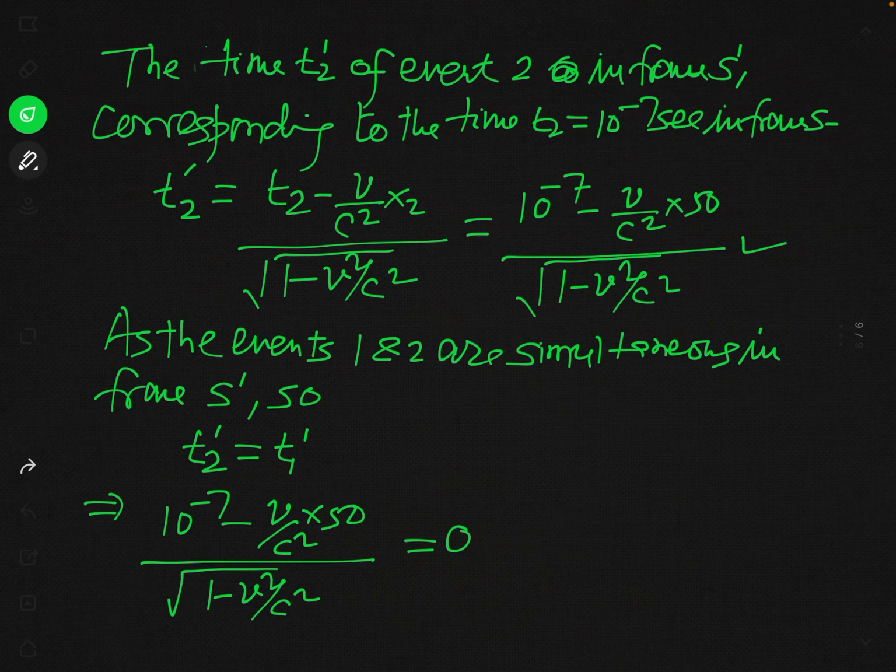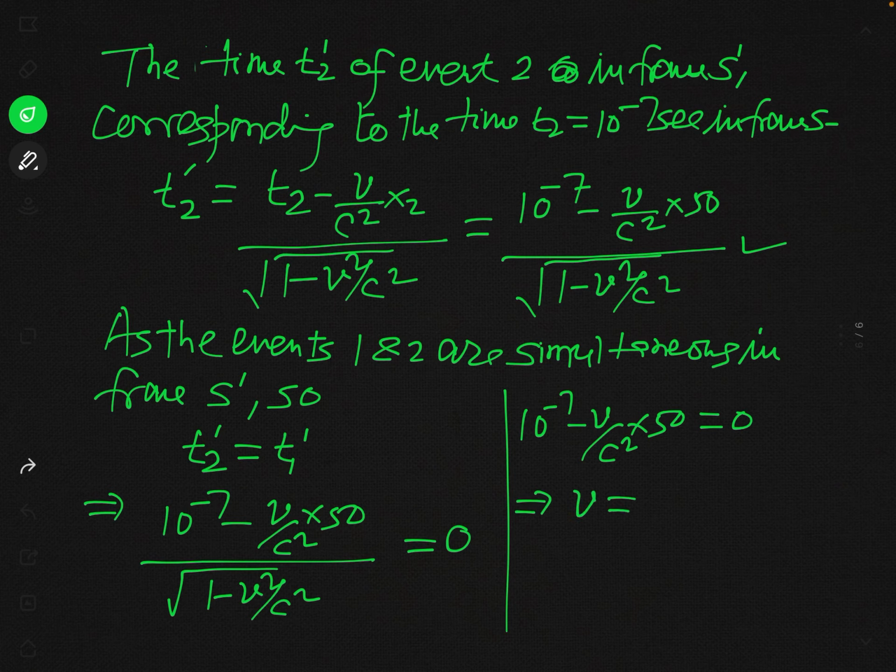So now let us substitute here 0, and from here you can see that 10 to the power minus 7 minus V over C square into 50 will be equal to 0. And when you solve this equation by applying simple algebra, I am leaving that algebra for yourself, then you will get that V is equal to 0.6C.